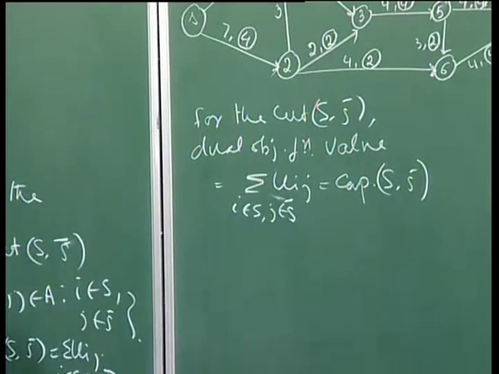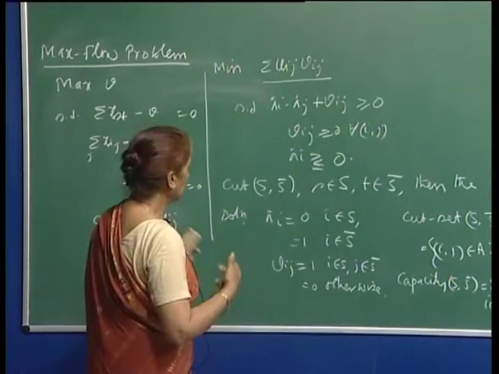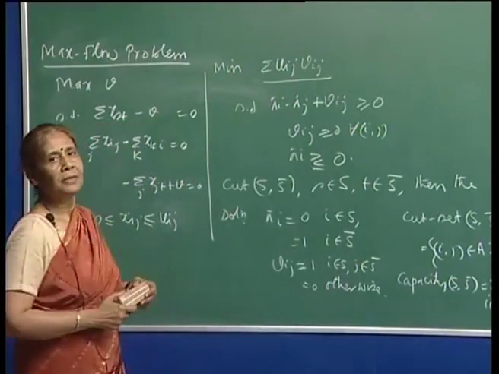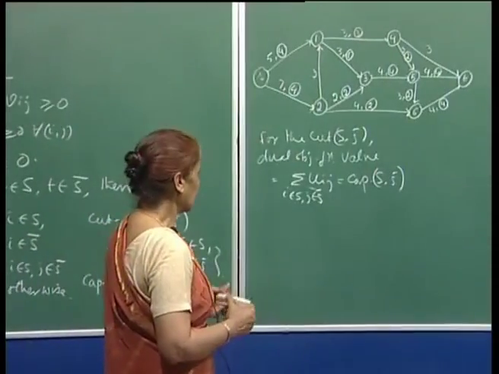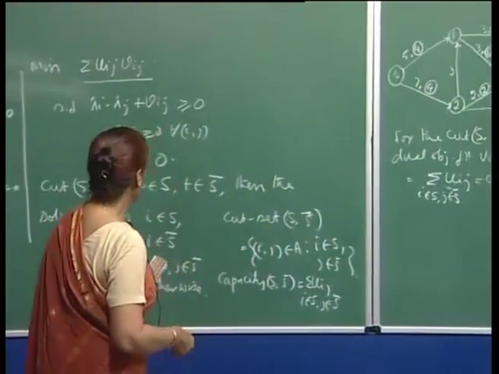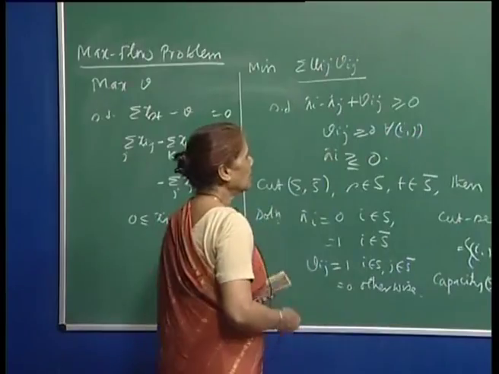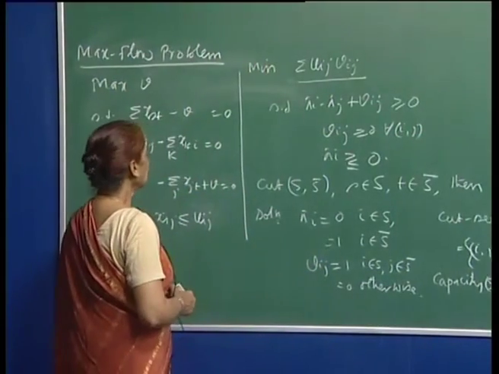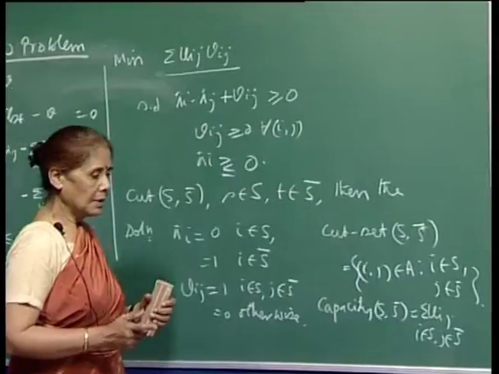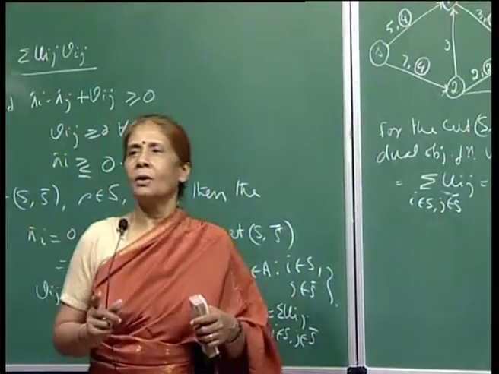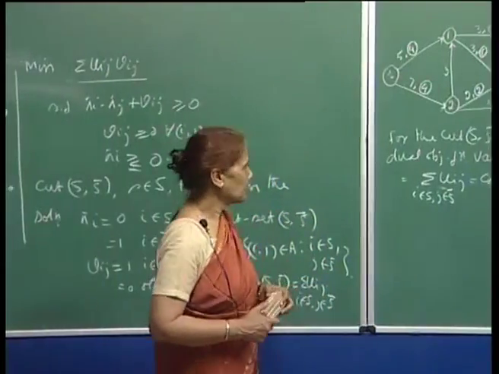And it's a minimization problem, so I am calling it the dual, but by tradition this was considered as the primal problem, but that does not matter. The important thing of the duality theorem is that the min objective function will always be greater than or equal to the max objective function.